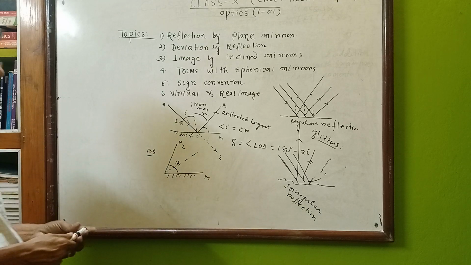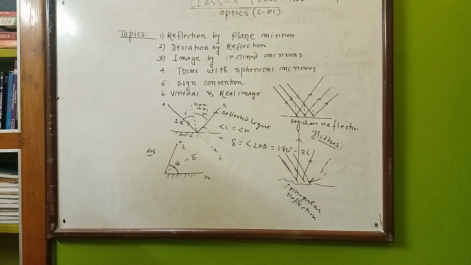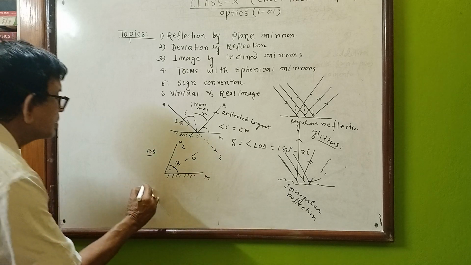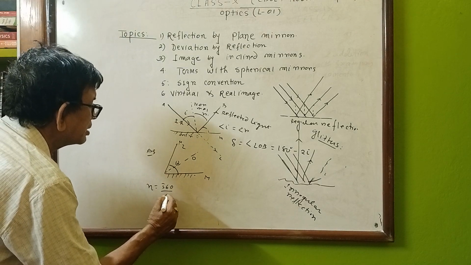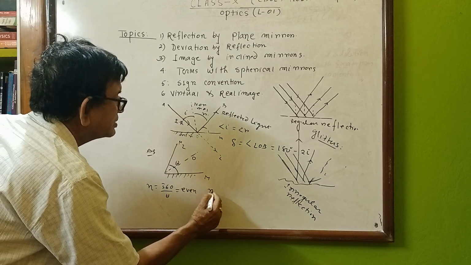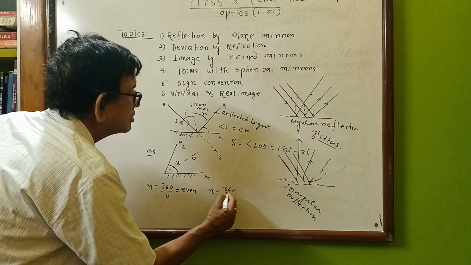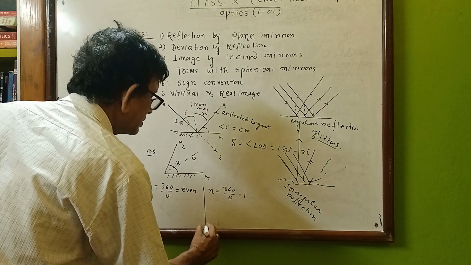You place object O in between these two; how many images do you get? First, remember the number of images: if 360 by theta is even, then the number of images n equals 360 by theta minus 1.